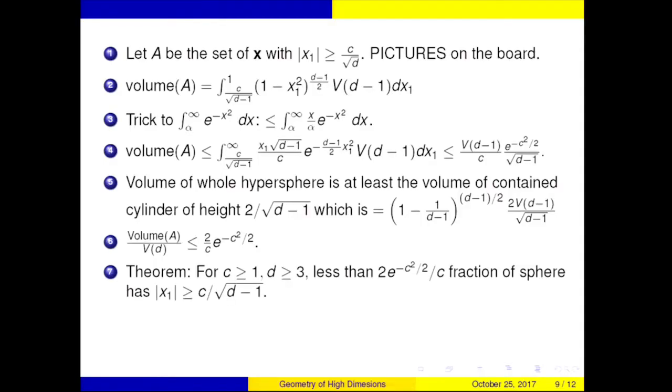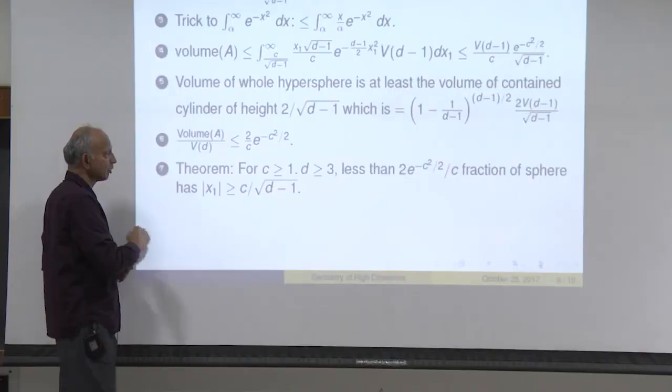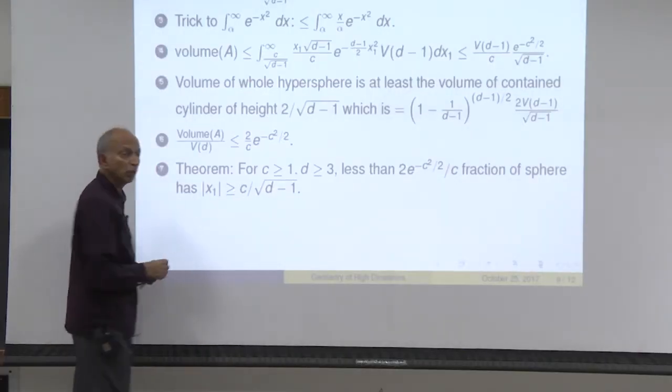But at the end of it, you get a theorem which says that for any constant c greater than 1, c is anything greater than 1, more than 3 dimensions, at most this fraction of the volume of the sphere has x1 greater than this amount. So again, I expect the absolute value of x1 to be roughly 1 over root d.